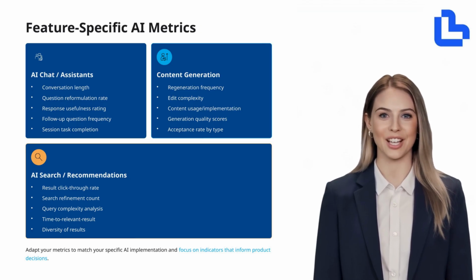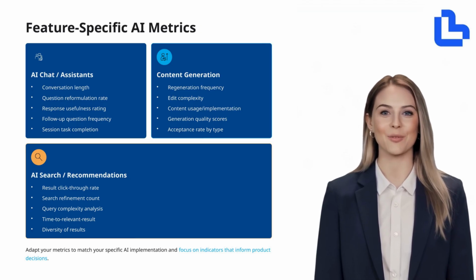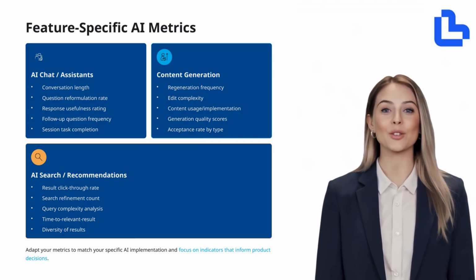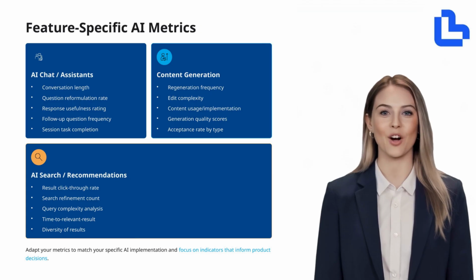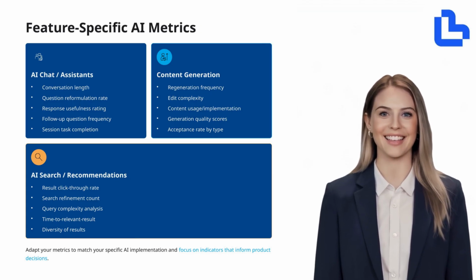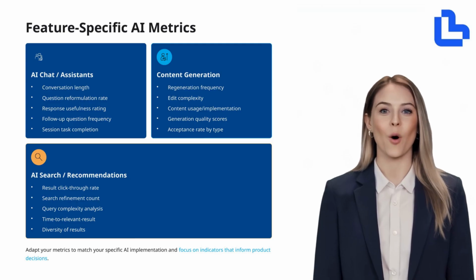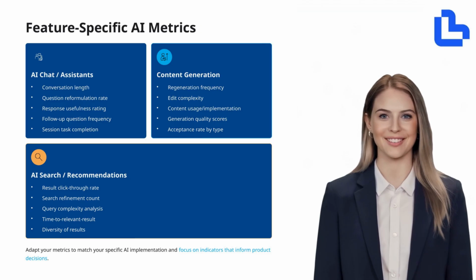In content generation tools, key metrics include regeneration frequency, edit complexity, and how often generated content is actually used or implemented. You'll also want to assess generation quality scores and acceptance rates by content type. These indicators reveal whether the AI is producing valuable outputs or creating extra work for users.